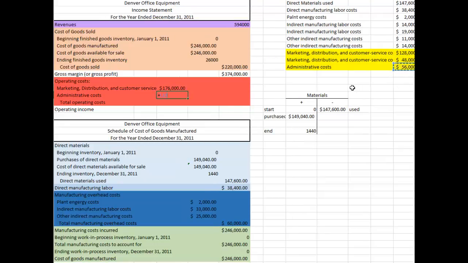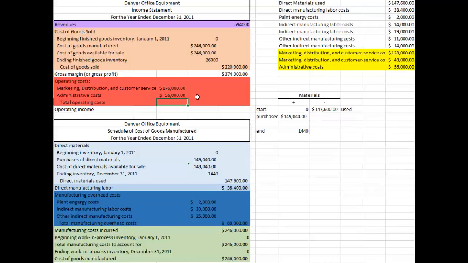And my administrative costs are this $56,000. So my total operating costs are going to be the two added together, $232,000. So my operating income is my gross margin minus my total operating costs. So my operating profit or my operating income is $142,000.